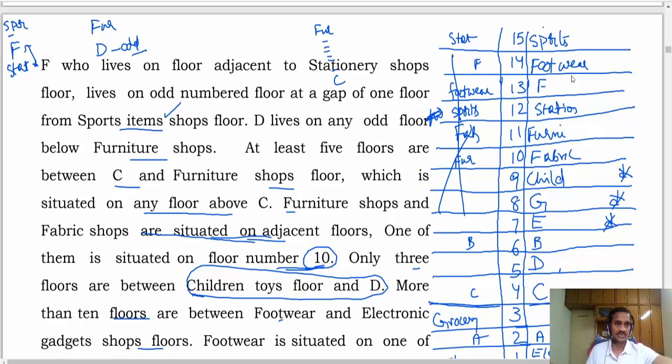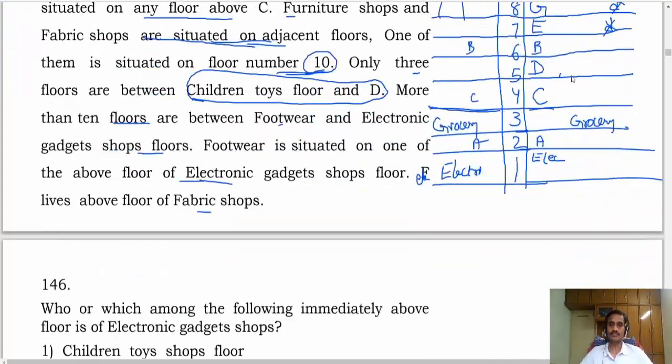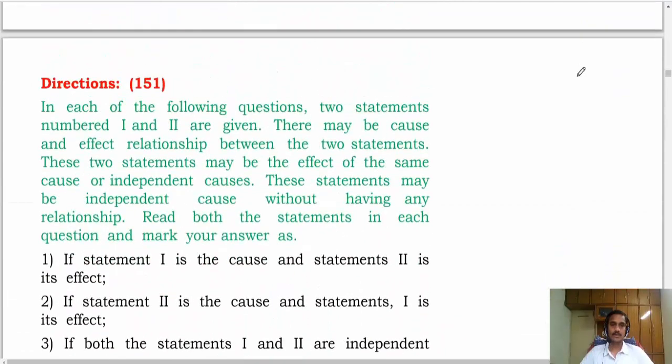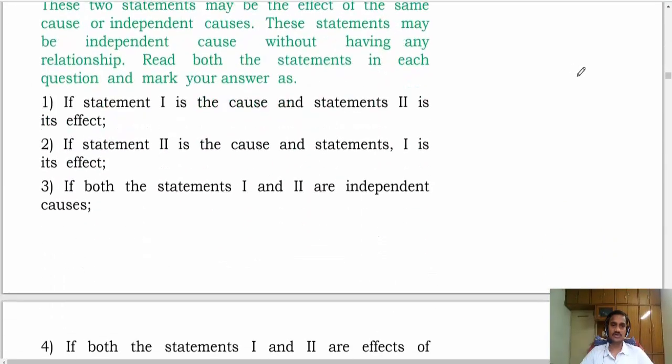Now this is about question numbers 146 to 150. Then 151 onwards, it is based on cause and effect.